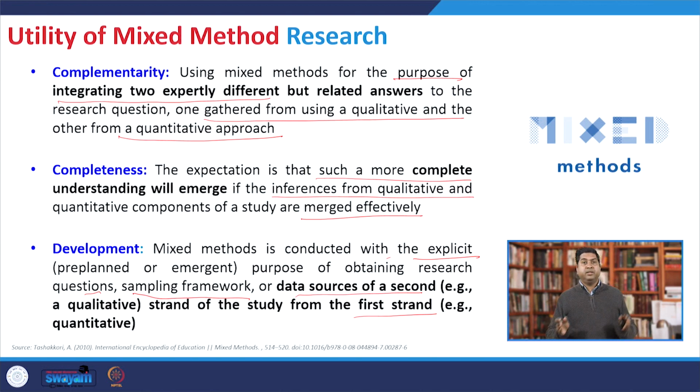So whether you take the quantitative approach first or the qualitative approach first, it will depend on your research questions, but it is something where you try to develop the understanding out of the two in a meaningful way.